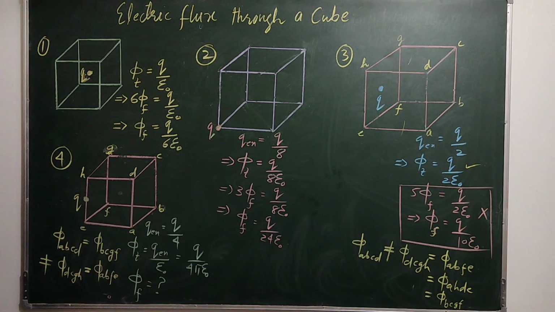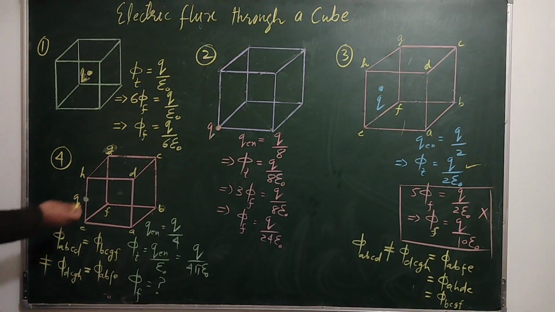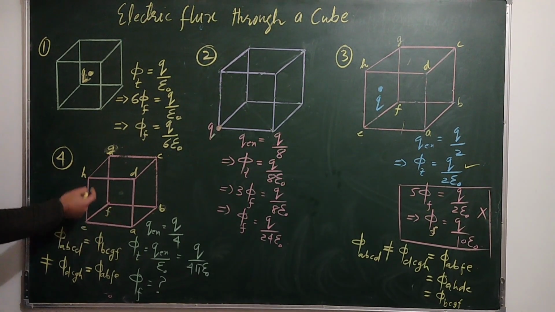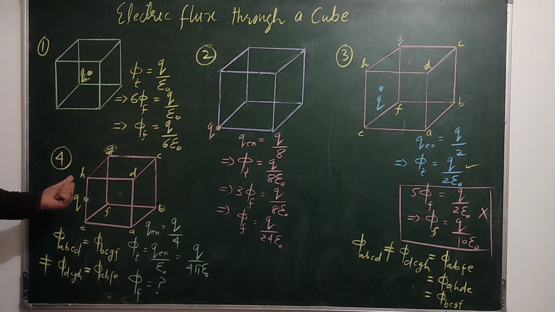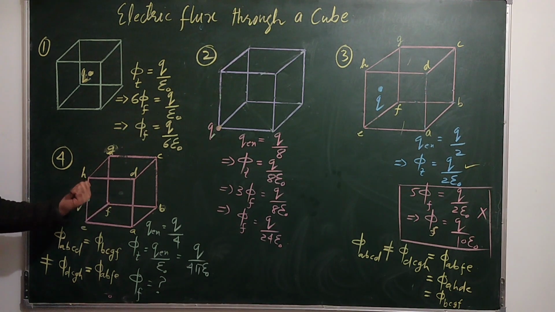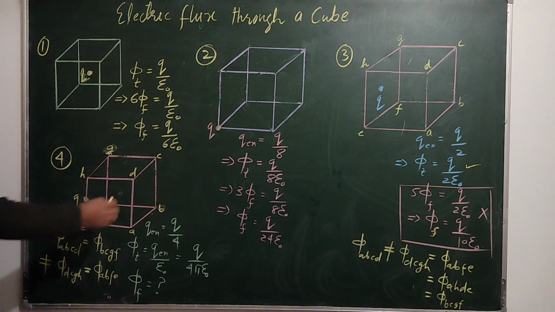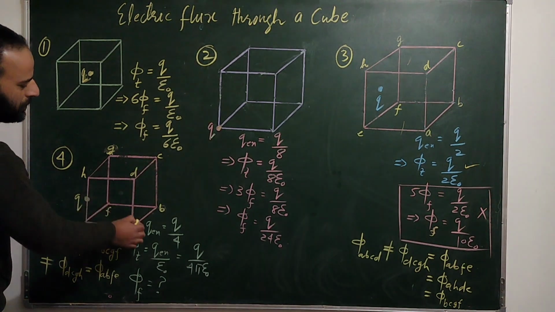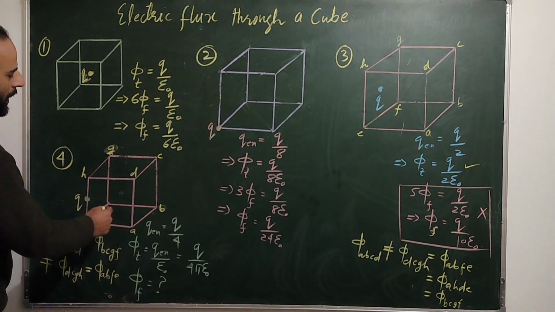Now the question arises, what is the flux through each face? First of all, the two faces that contain this charge will have zero flux, because the field lines will be parallel to the plane of these two faces. Now four faces remain. One is this face, that is ABCD, and second is this CBFG.